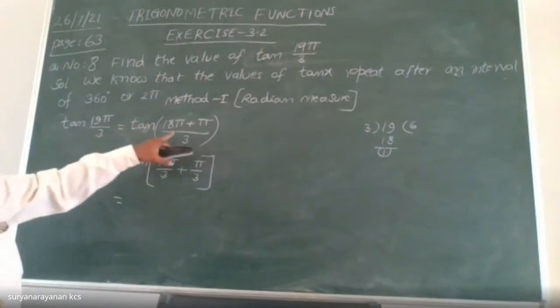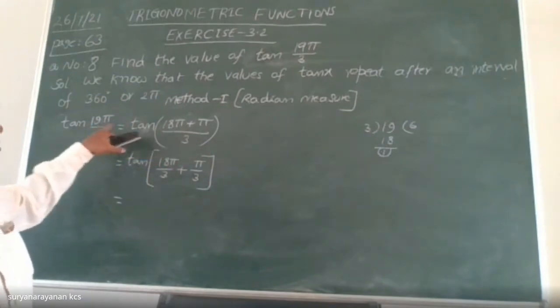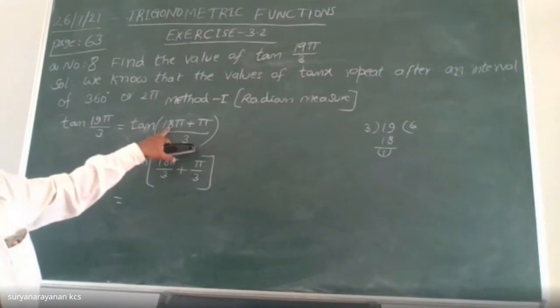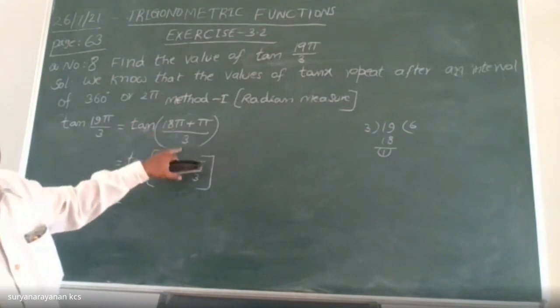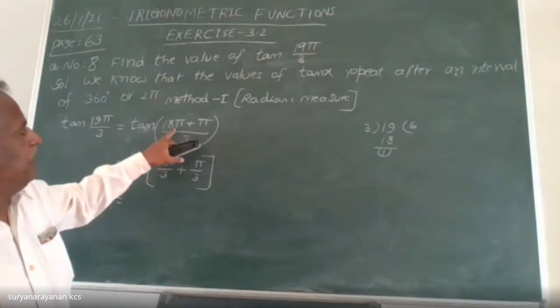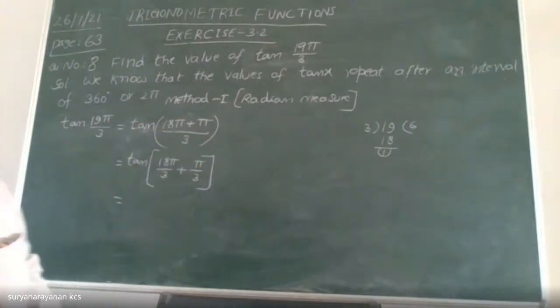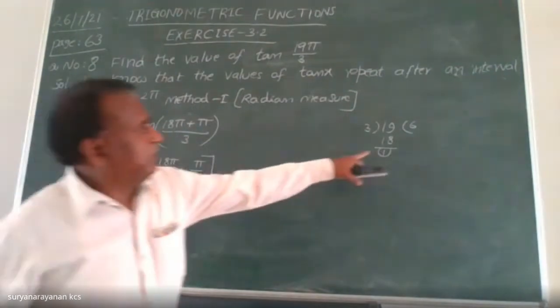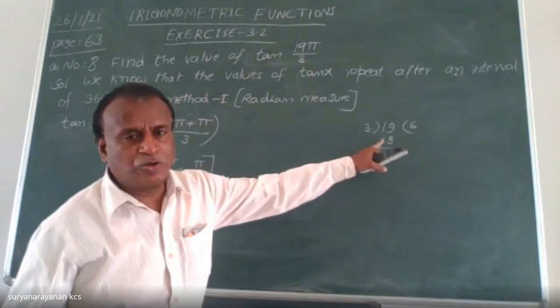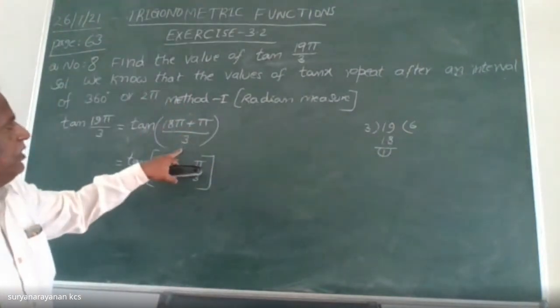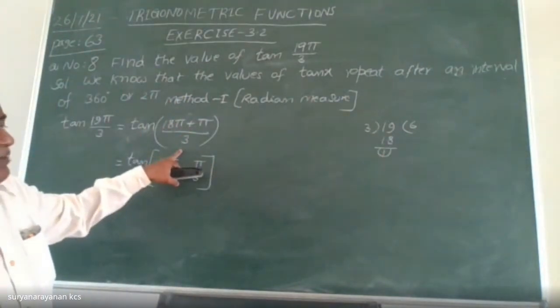So we have to split this numerator as a multiple of 3 plus some number. 18 pi plus pi. See here, 3 sixes are 18. So 18 pi plus pi by 3. Okay, Mahima?